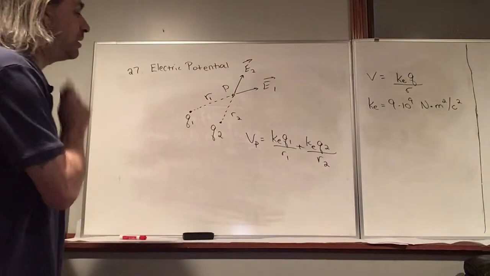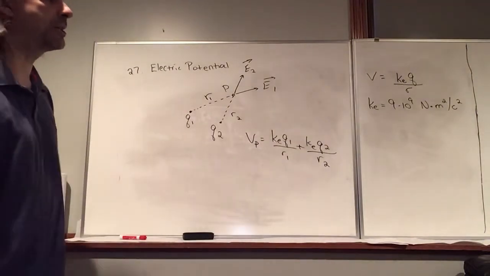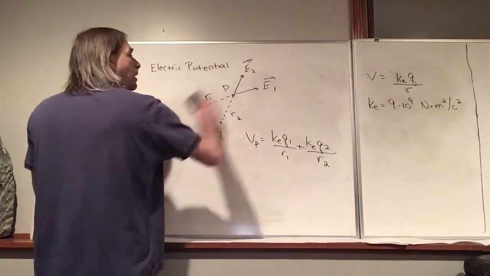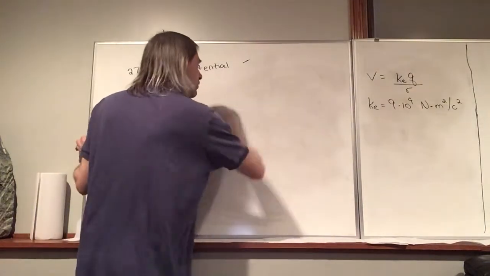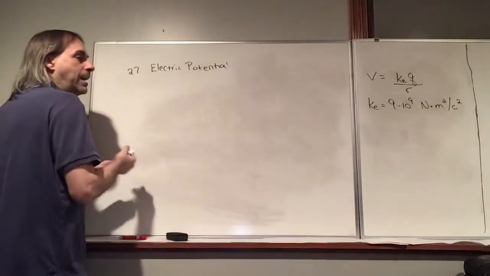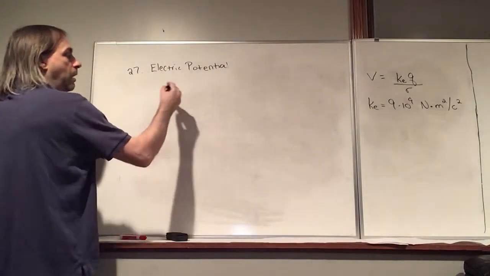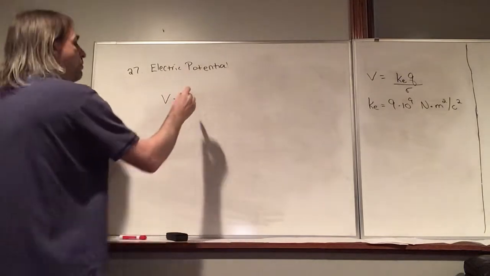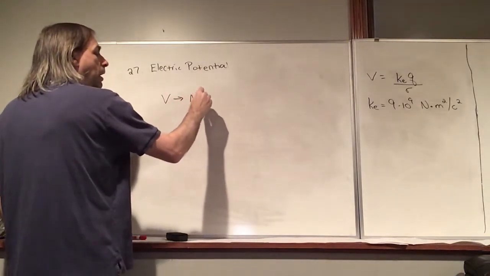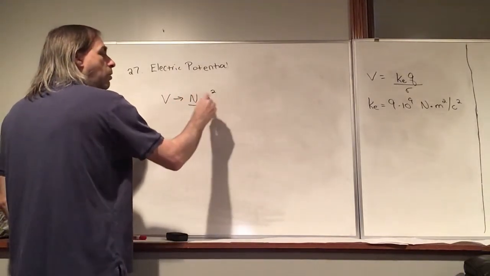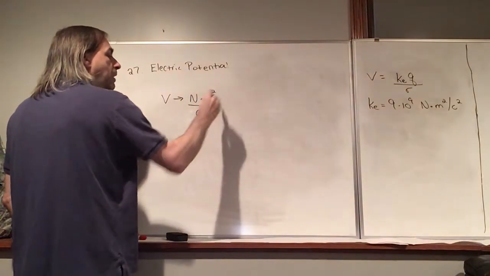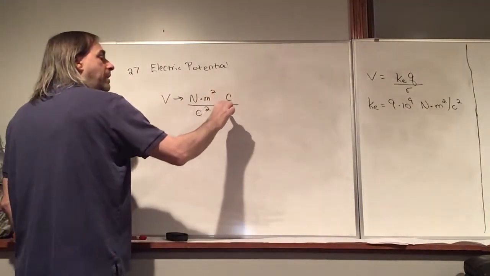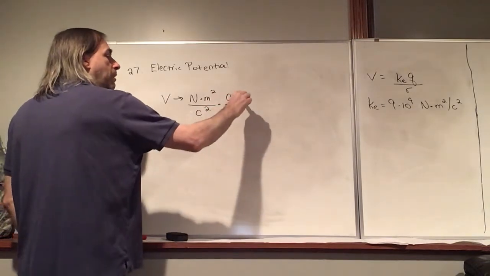Okay, now let's talk about units. I said we'd understand why we use the letter V for electric potential. Let's look at the units here. If we look at the basic SI units, here we'd have k, which is newtons times meters squared over coulomb squared, times a charge over a distance, so coulomb over a meter.